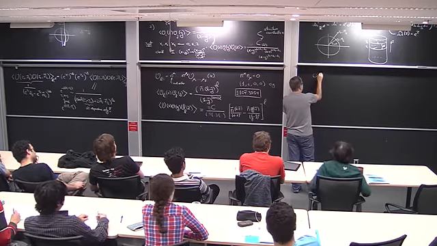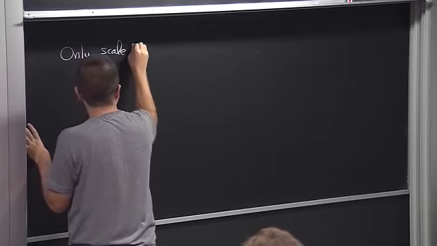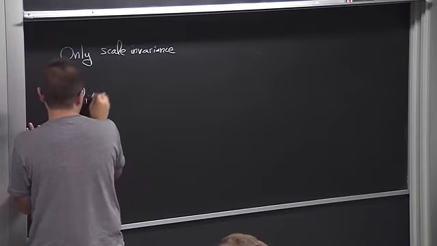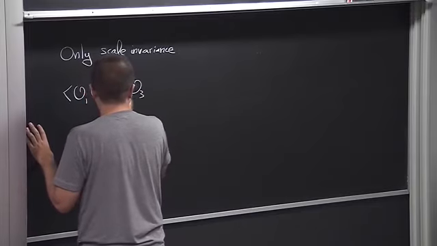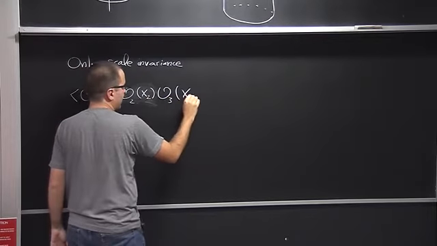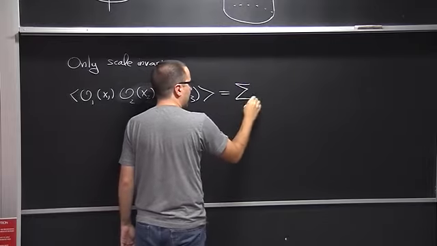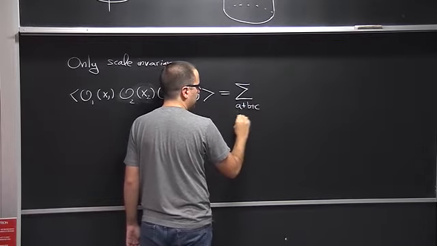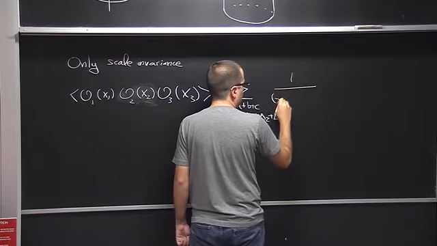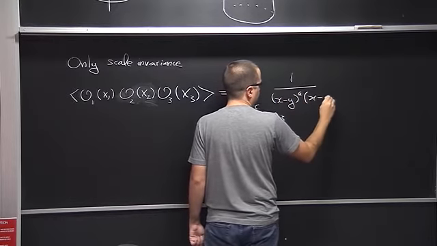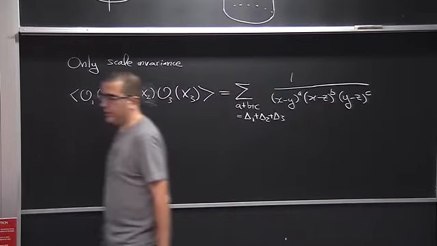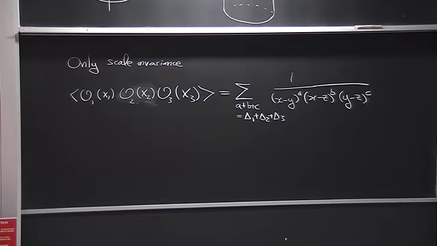Because, for example, with only scale invariance, the only thing you could say about the correlation function of 3 points is that it would be a sum of infinitely many terms such that a plus b plus c is delta 1 plus delta 2 plus delta 3, of 1 over x minus y to the a, x minus z to the b, y minus z to the c, where x, y, and z, you can guess what they are. x1, x2, and x3.